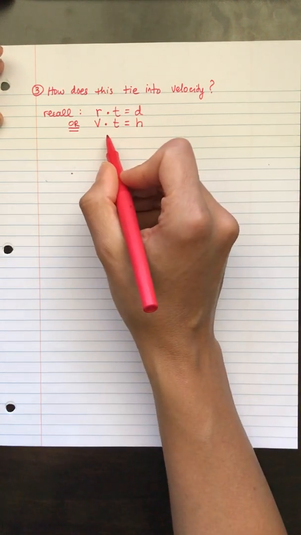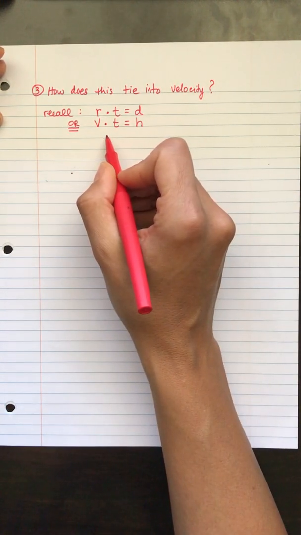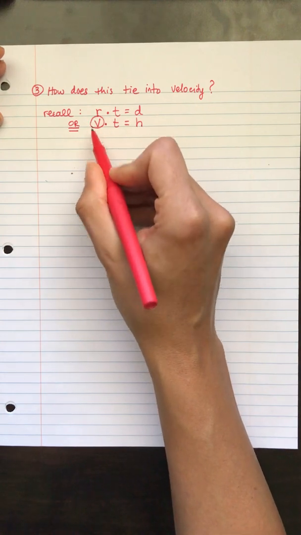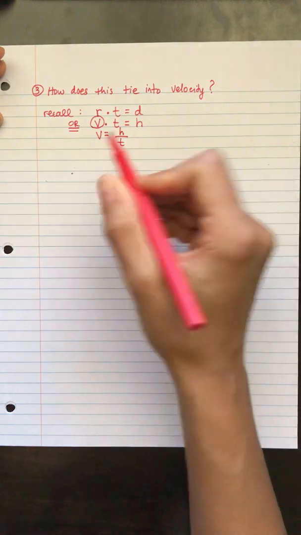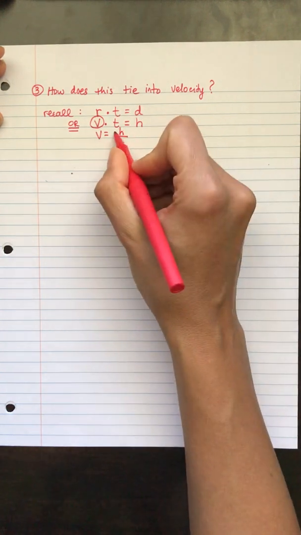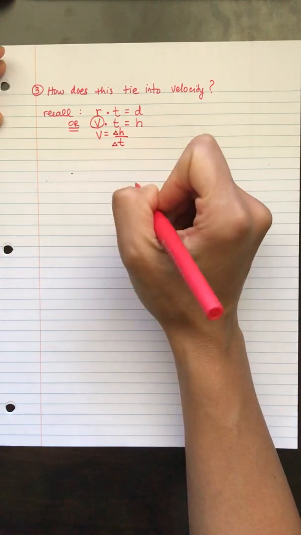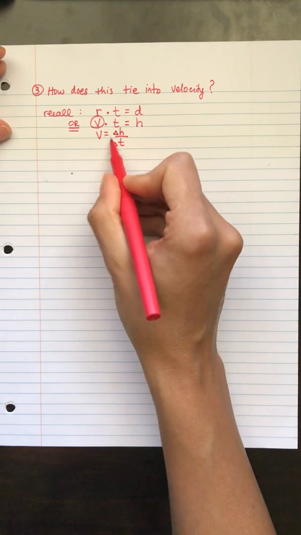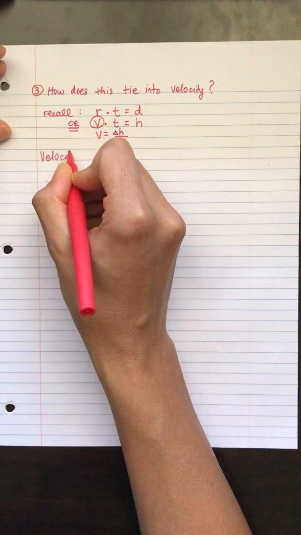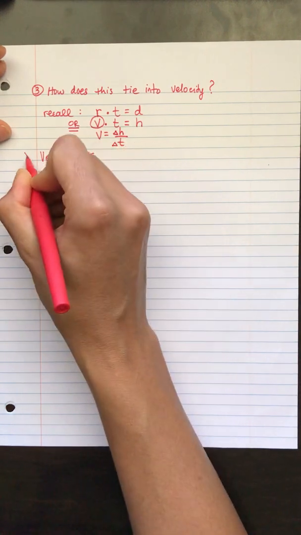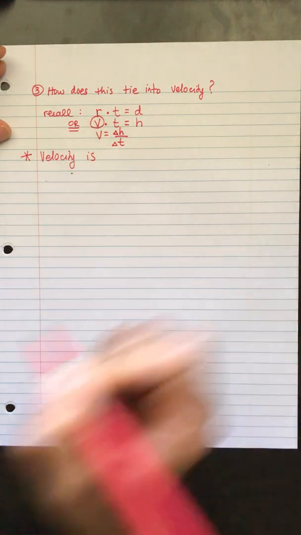And so if you solve for v, you'll notice that it's h over t. Velocity is height over t, the change in height over the change in time. Okay? It is also a slope. So velocity is, this is super duper important, okay?